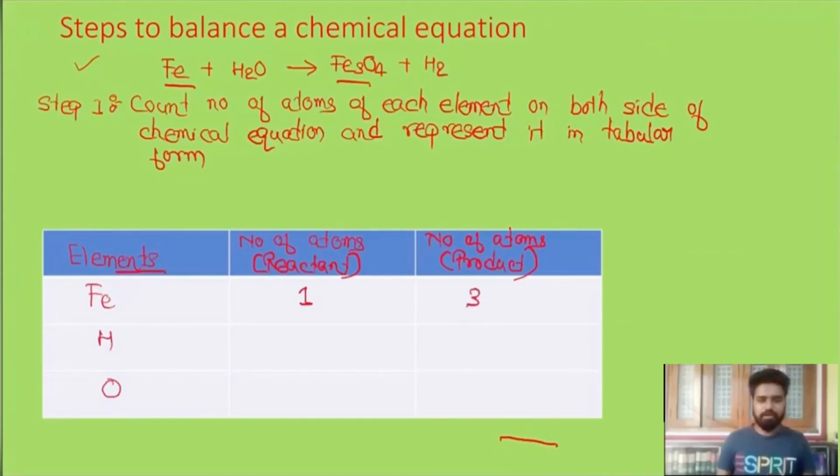The number of hydrogen atoms on the left hand side is 2, and on the right hand side is 2 as well. The number of oxygen atoms on the left hand side is 1, and on the right hand side it is 4. So this is our first step. We counted the number of atoms of each element on both sides of the equation and represented them in a tabular form. Let us proceed to step 2.